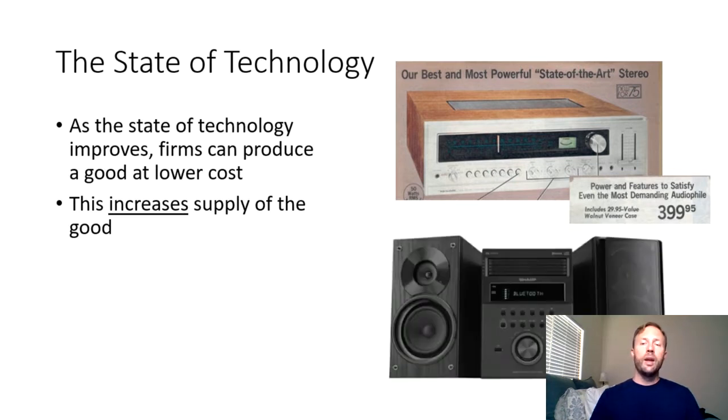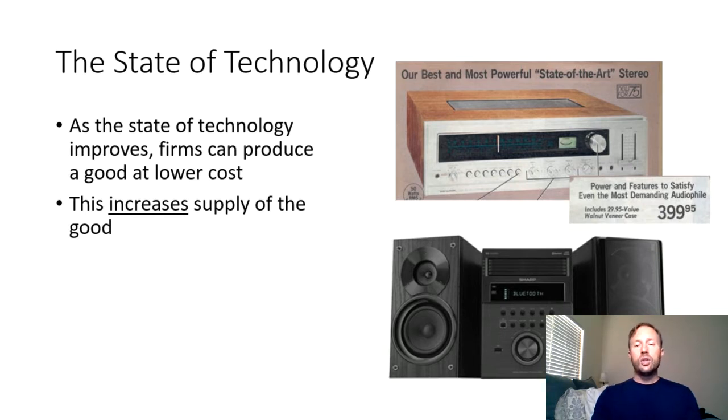Now, earlier this week, I looked up, Radio Shack doesn't really exist anymore, so you can't find stereos on a website for them. But I just Googled stereo systems, and this was one of the many that came up. Everything about that second stereo system in terms of the quality of the sound and the control that you have over that sound and the endurance, how long it's going to last, it's all better in the second stereo than it is in the first stereo.